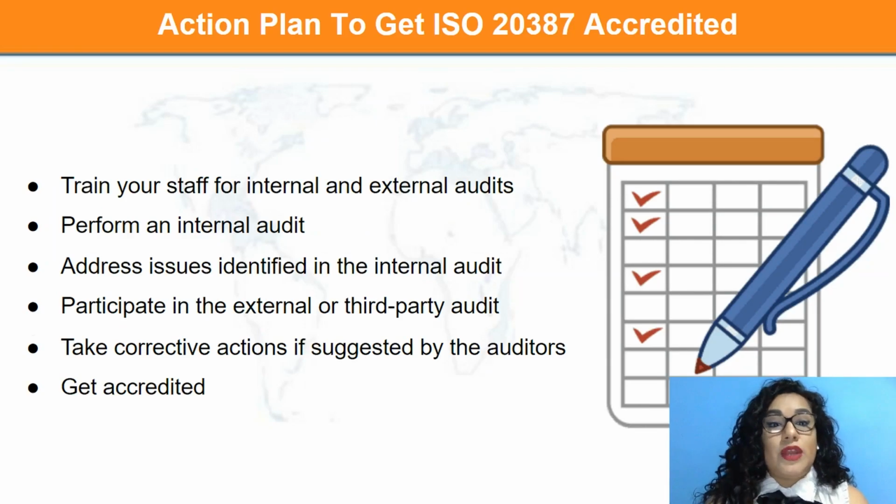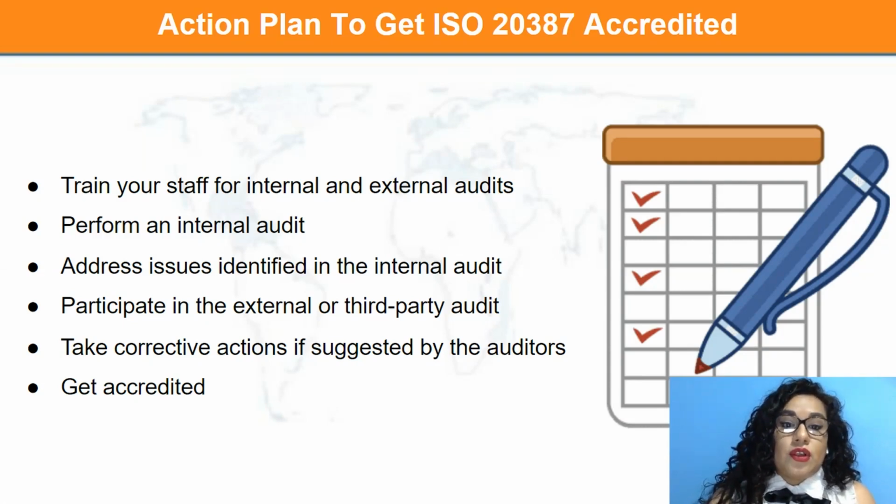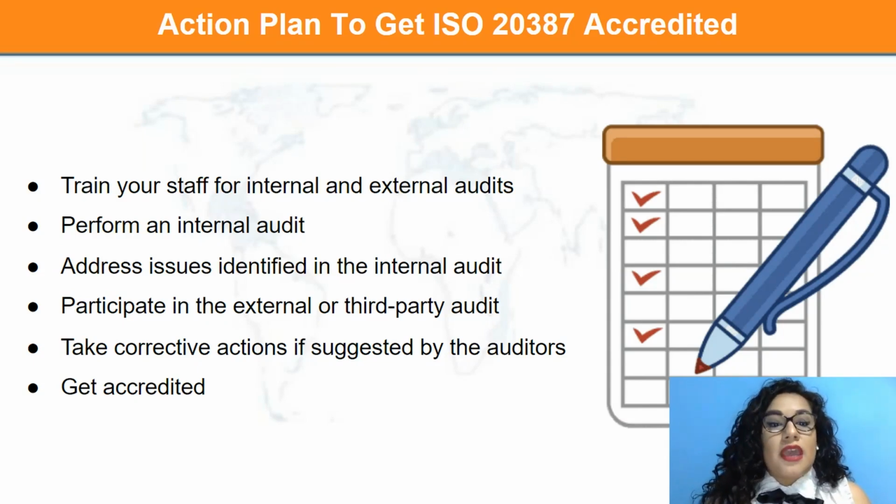Then you have to train your staff for internal and external audits, perform an internal audit, address issues identified in the internal audit, and participate in an external or third-party audit, which will be useful. You have to take corrective action if suggested by the auditors, and then you get accredited.